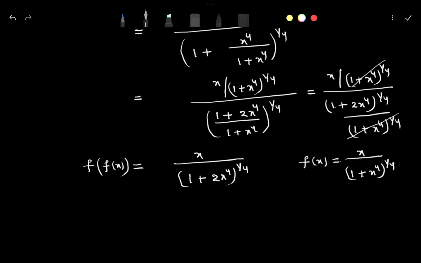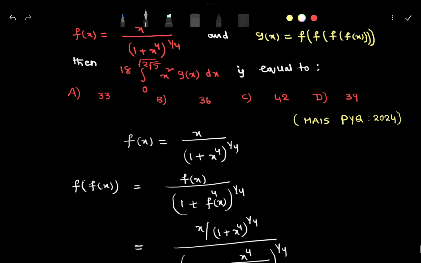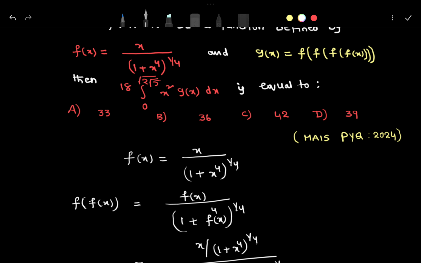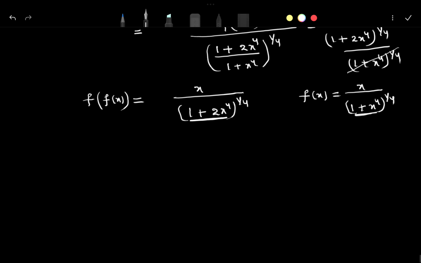See, you can observe that when f is taken only one time, you have 1 plus x to the power of 4. When two times you have f, we have 1 plus 2 into x power 4, right? So here in this question, what is the g of x value? g of x is given as f of f of f of f of x. 4 times f of x is there. So here you can write directly the g of x value by using the above simplification.